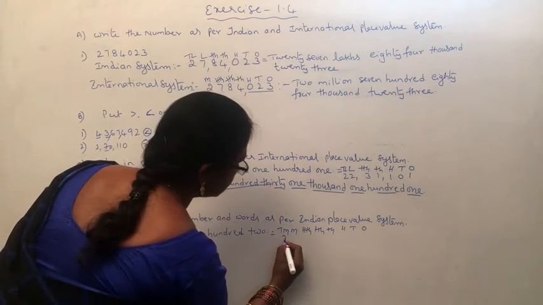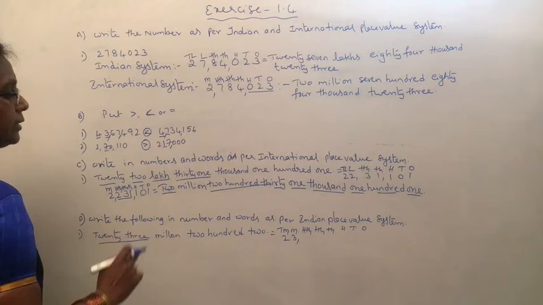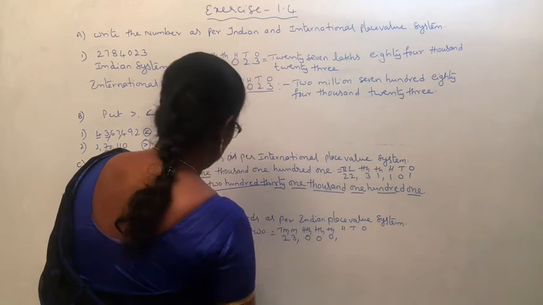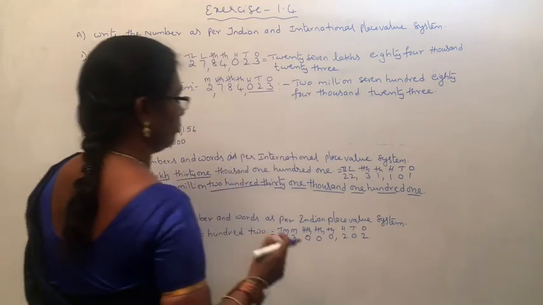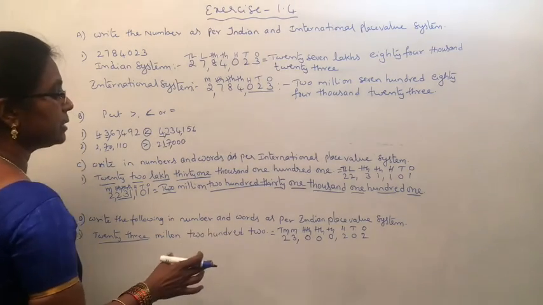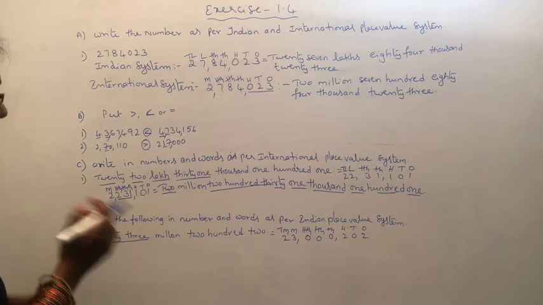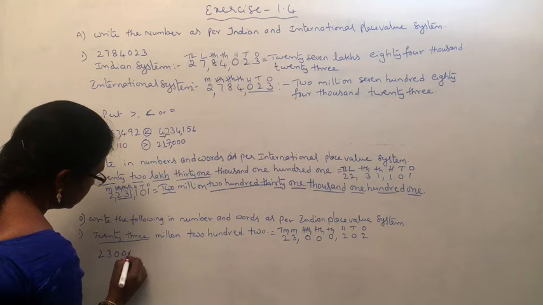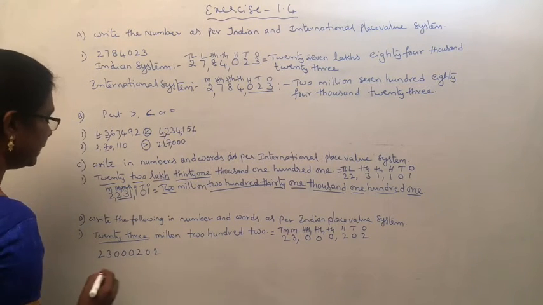Next 202. Here thousands are not there, so we have to put 3 zeros. 202. Now we have written in which system? International system. Same number you have to write in Indian system. 23,000,202.